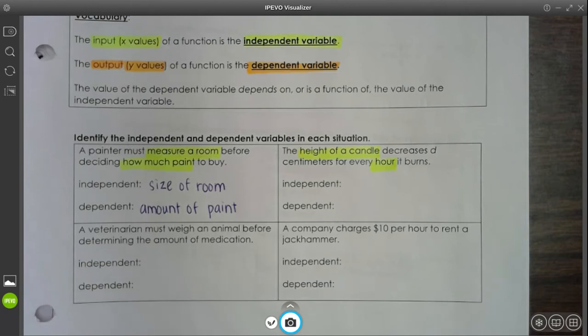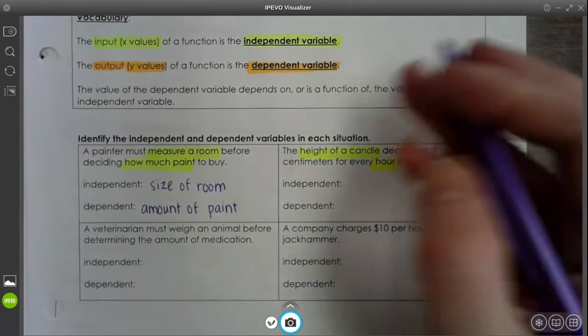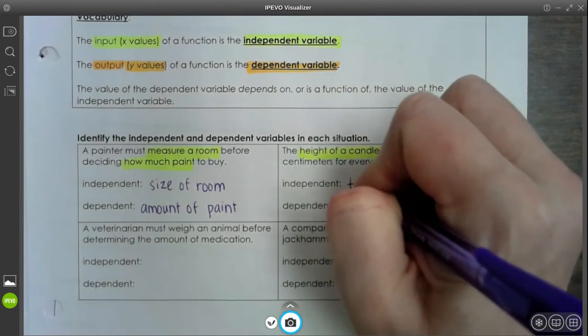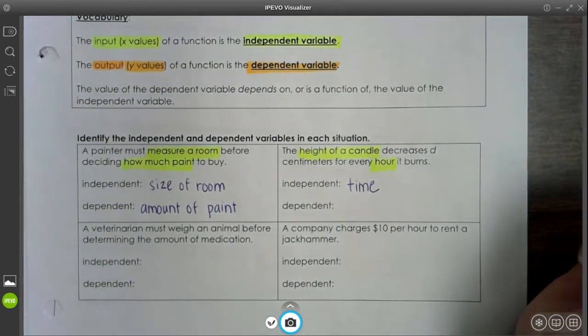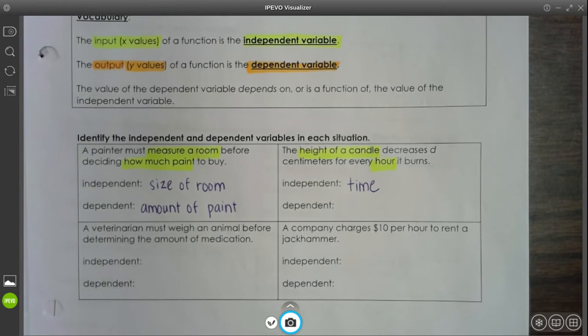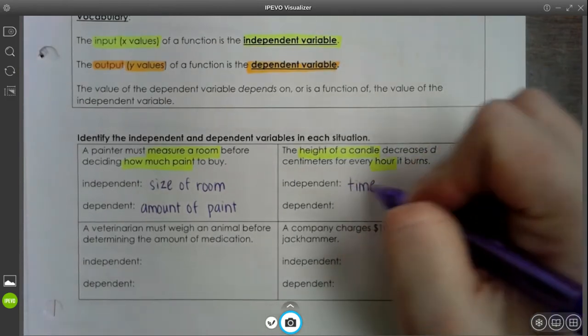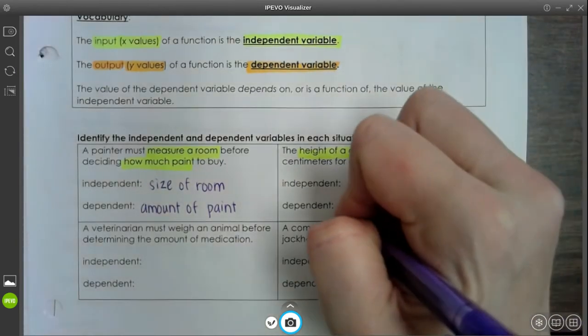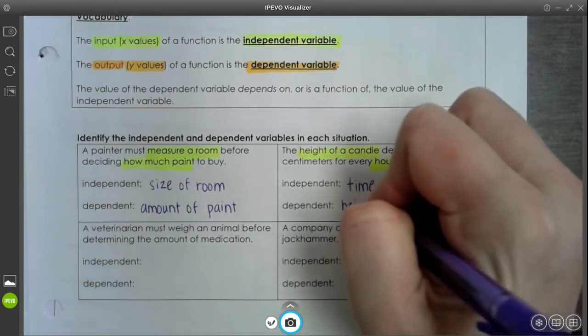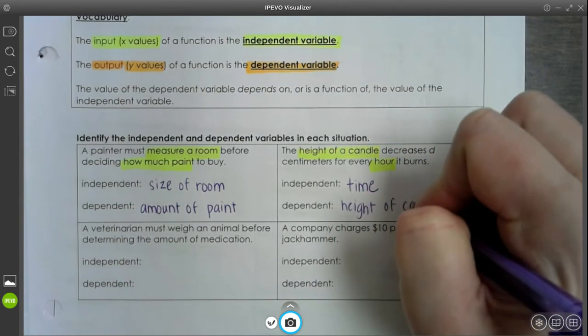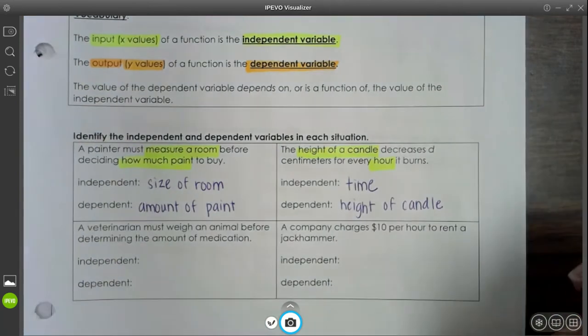And that is the correct one. Just so you're aware, time is always an independent variable because time goes on no matter what is happening, okay? So that's kind of a trick for you here. The height of the candle is going to depend on how long it's been burning, okay?